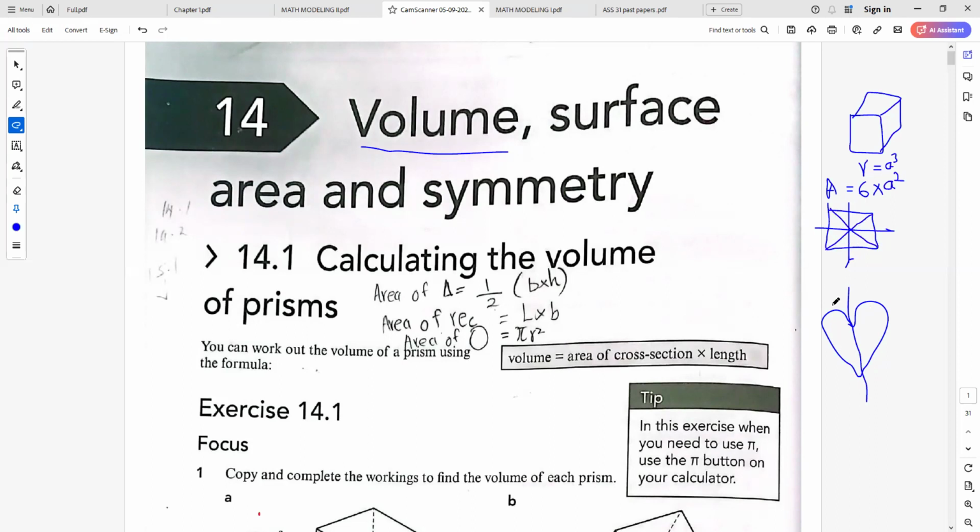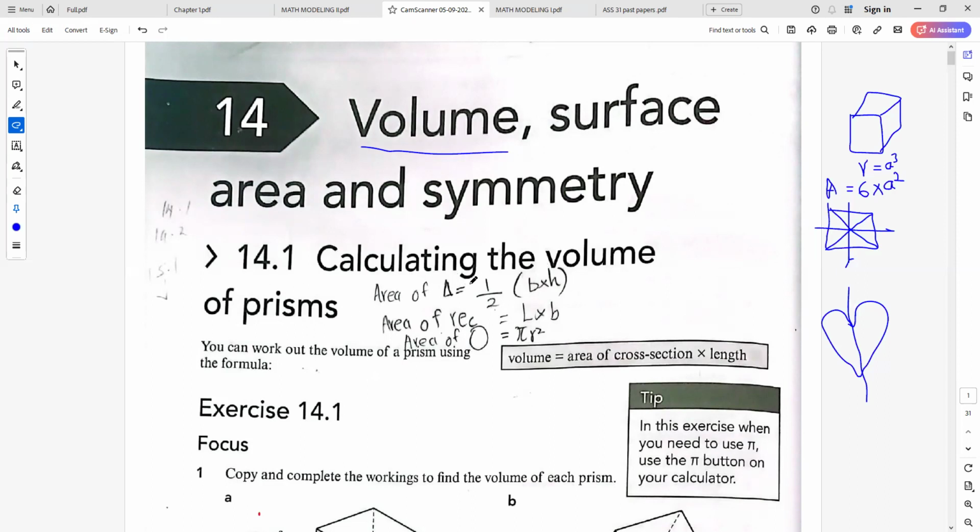This is called bilateral, and this is called radially symmetrical because we have more than one line of symmetry. Now 4.1 says calculating the volume of prisms.